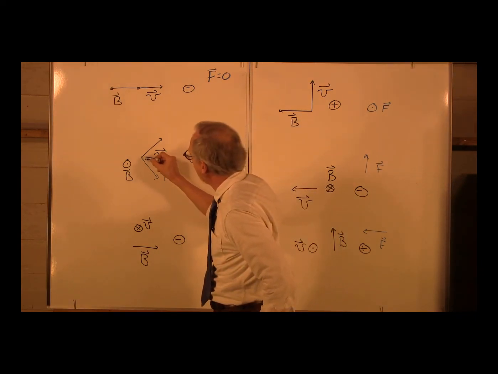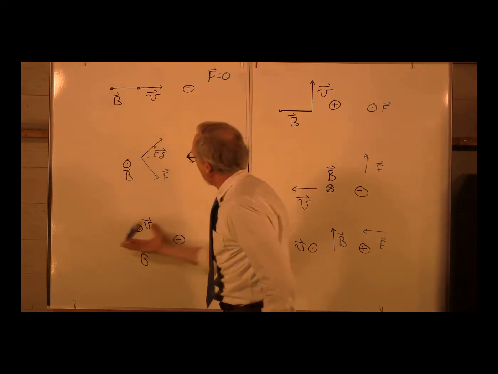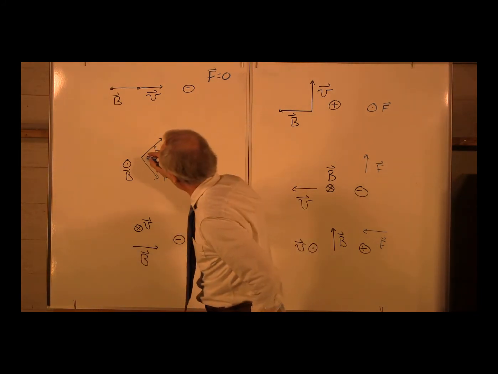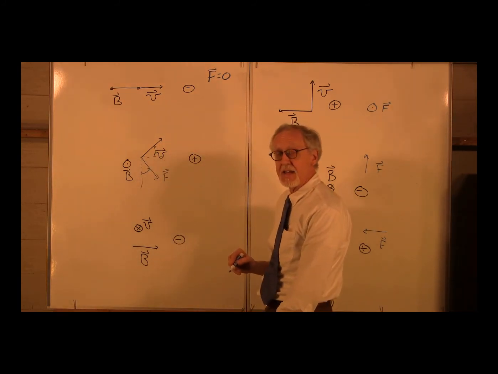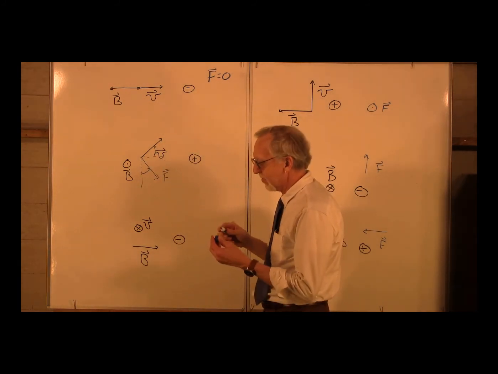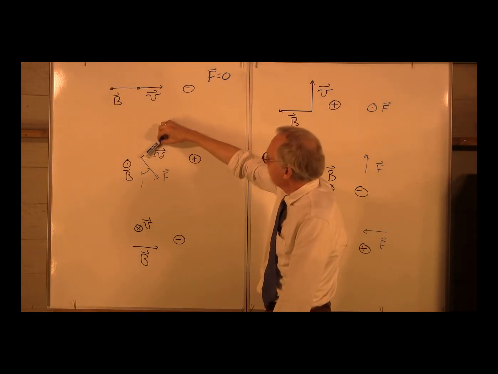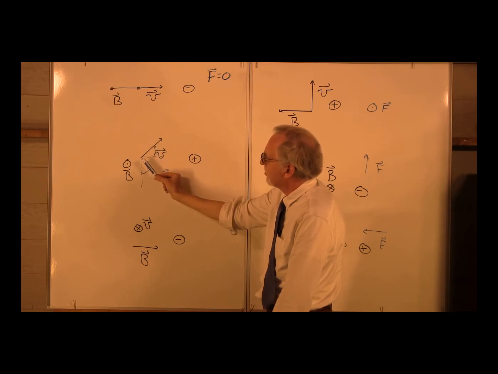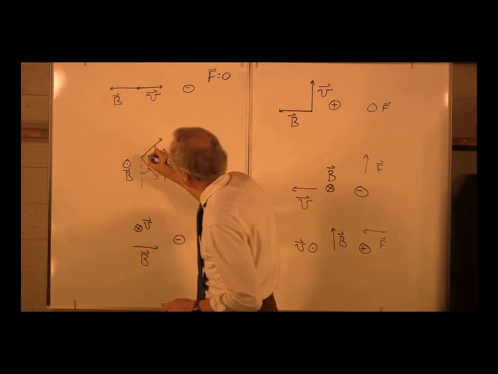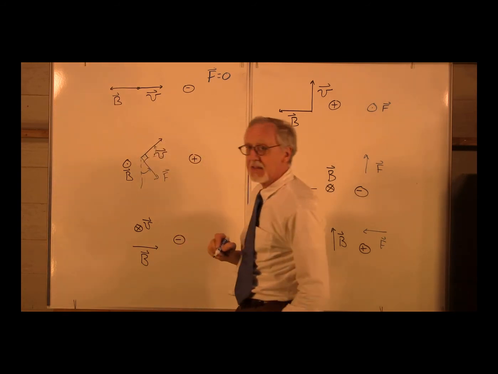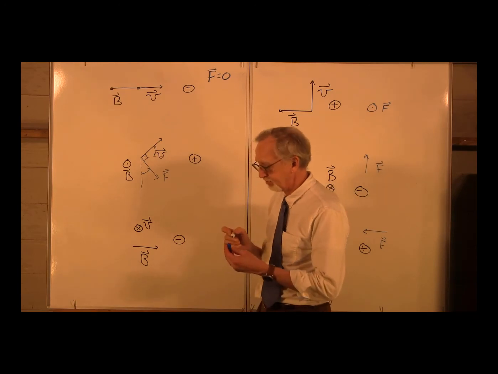Well, if this were, let's say, 20 degrees above the x-axis, good catch, this would be 20 degrees to the right of the negative y-axis. So you would have to know what's the direction of V specifically if you were going to figure out the direction of the force that would be perpendicular to that. Remember, the force has to be perpendicular to the velocity as well as perpendicular to the magnetic field.